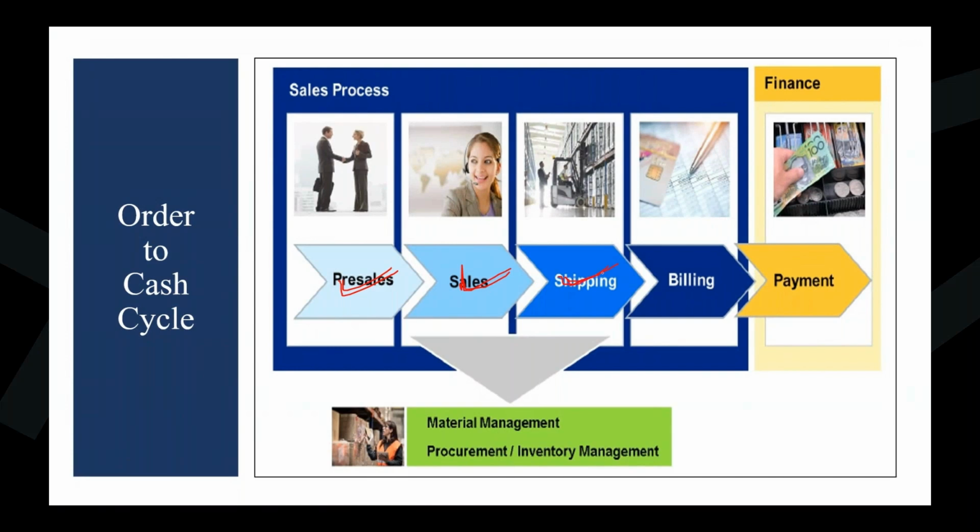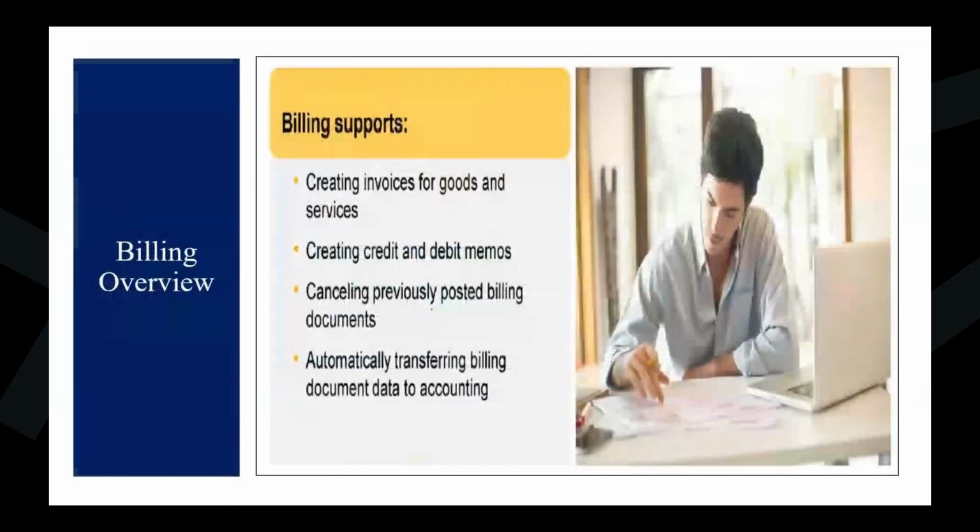After the outbound delivery is created, we send the product to the customer with post goods issue. After that, the next phase is billing. Billing means we create the invoice and send it to the customer for payment. That invoice creation we will understand today, and also of course receiving the incoming payment.